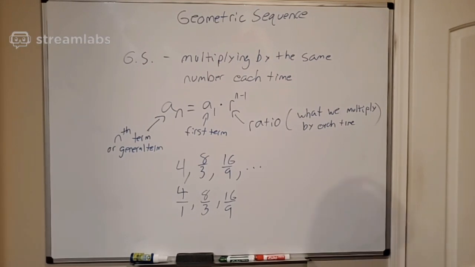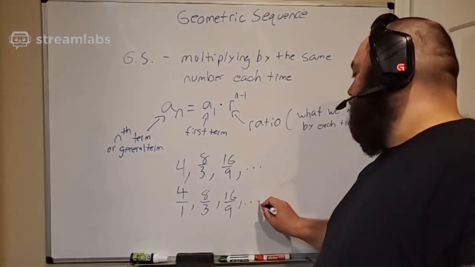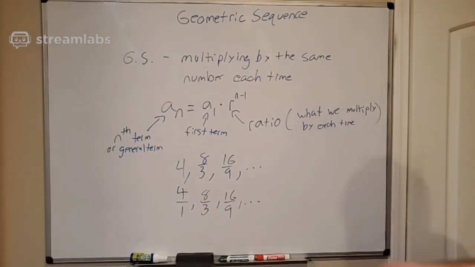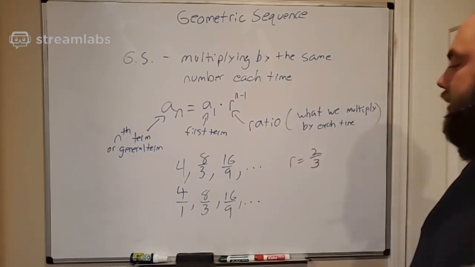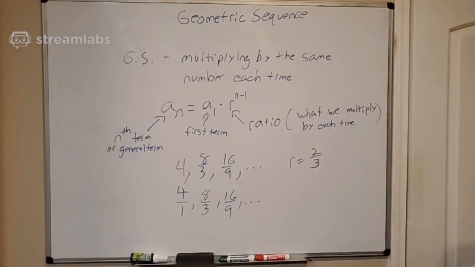And again, obviously, I'm going to assume everybody sees that the answer is yes. You multiply by 3 every single time. So our r will be 2/3. Does that make sense, hopefully? Everybody see that? Yes.